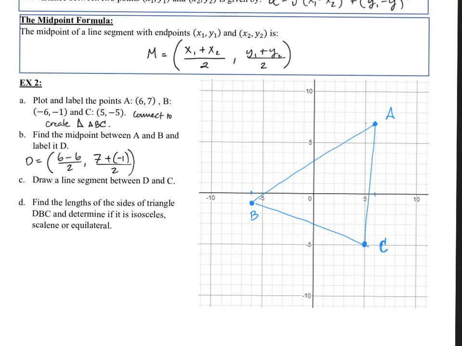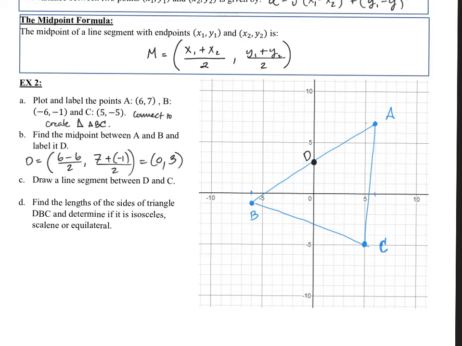So this becomes 0 divided by 2, which is 0, and then 6 divided by 2, which is 3. So (0, 3). Oh, right there. We're pretty close with our graph. And that is D.